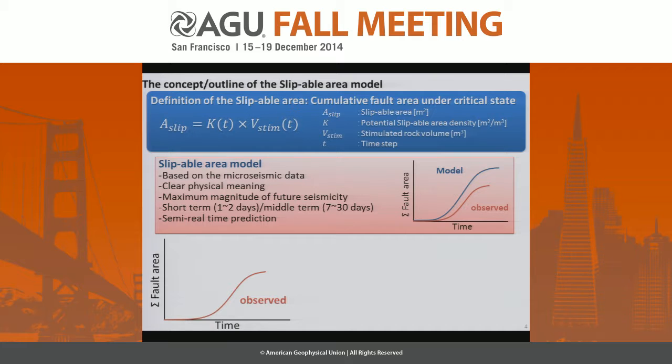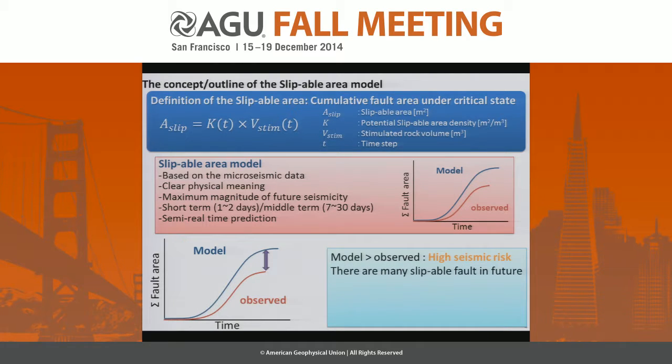This is an example of the cumulative fault area as a function of time. The red line is estimated from the observational data. If I put in the model output, and in this case the model output is larger than the observed value, that means high seismic risk, because this difference means there are many slip-able faults in the future.